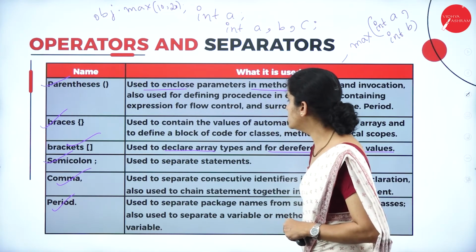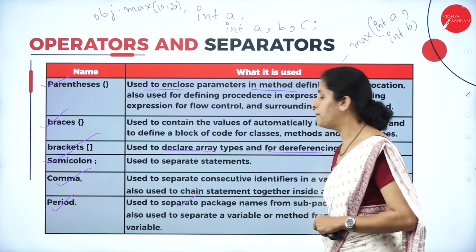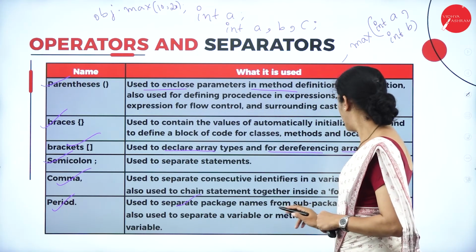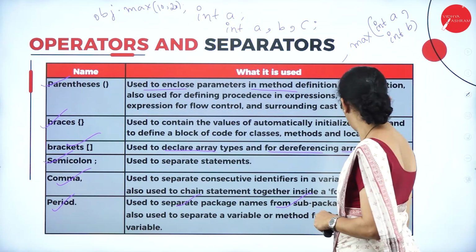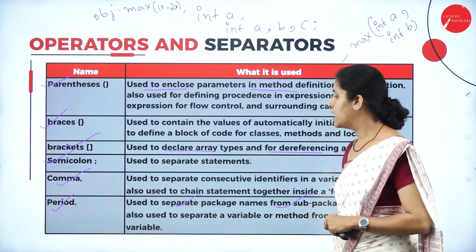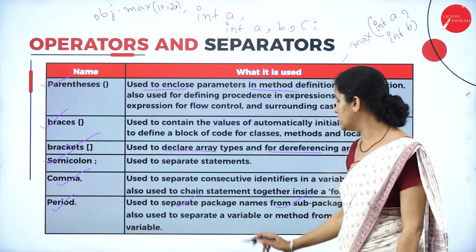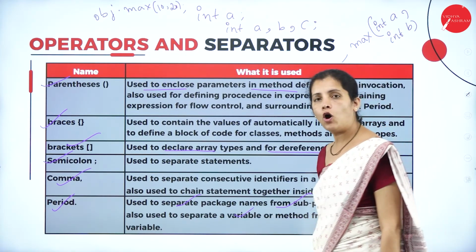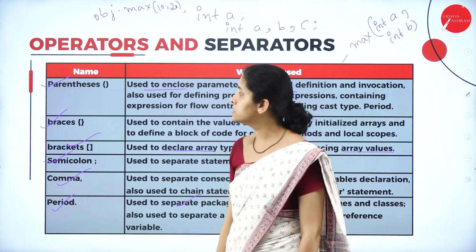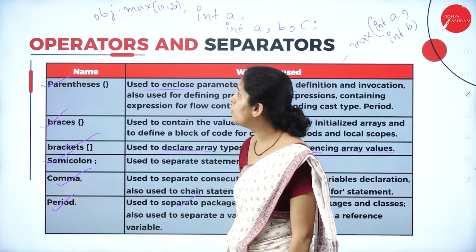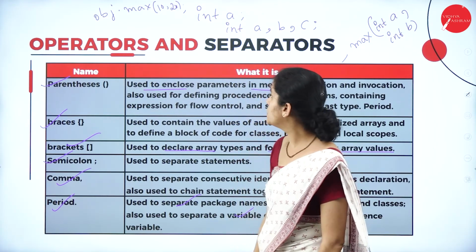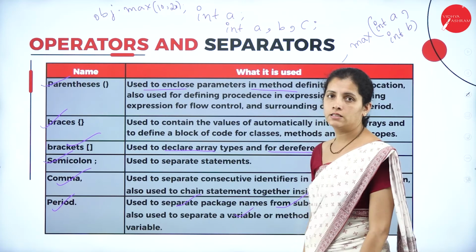It is also used to separate a package name from sub-packages and classes, and to separate a variable or method. So these are some examples of operators as well as separators.